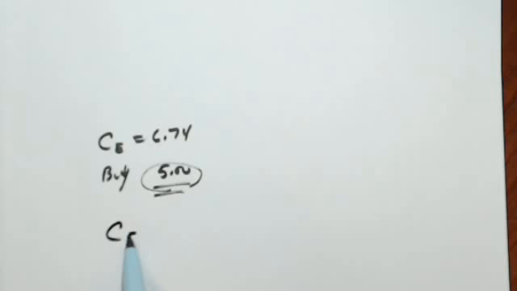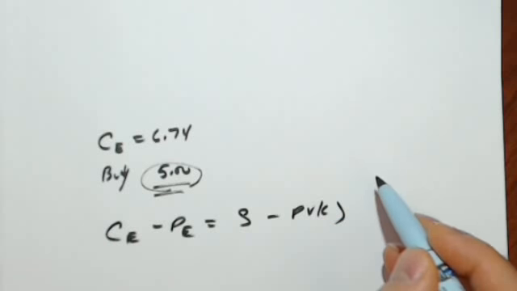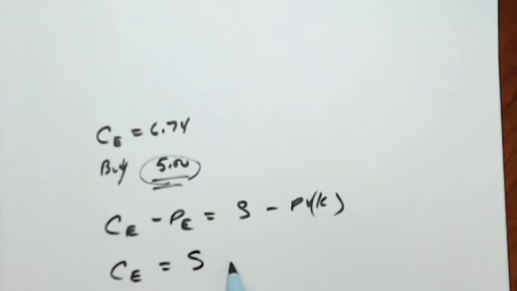We start off with the call minus the put equals the stock minus the present value of the strike. What I want to do is get the call on one side.